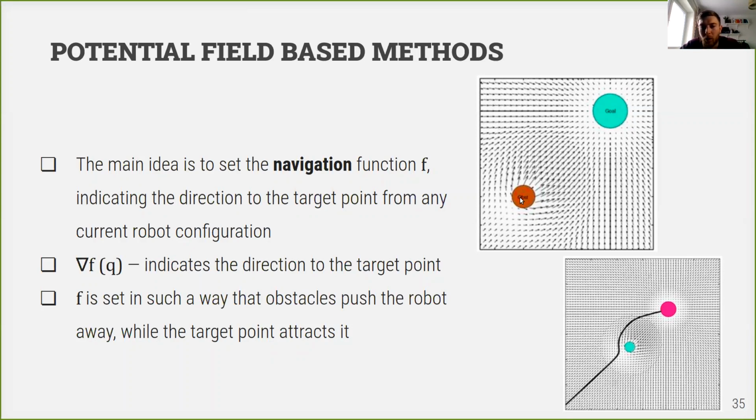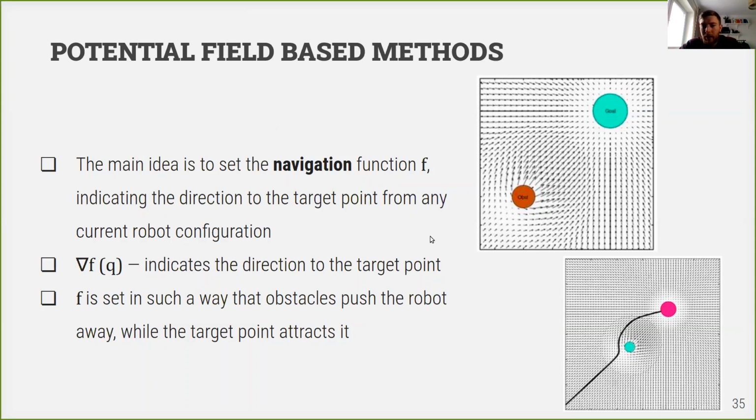And this is reached because the obstacle has a positive sign, and our robot also has a positive sign, and that's why the obstacle will push our robot away from itself, given this potential field function, navigation function. And our goal will point our robot to itself because they have different signs. Our robot has plus, goal usually has minus, and as charged points they will be trying to reach each other. I hope it is clear.